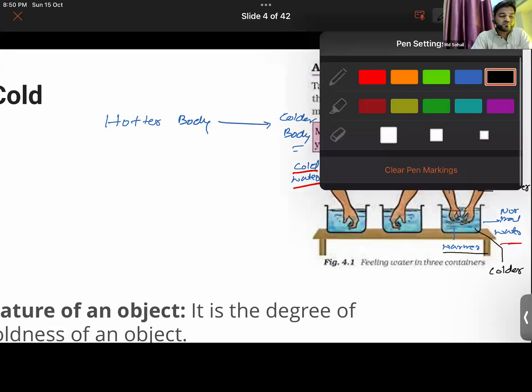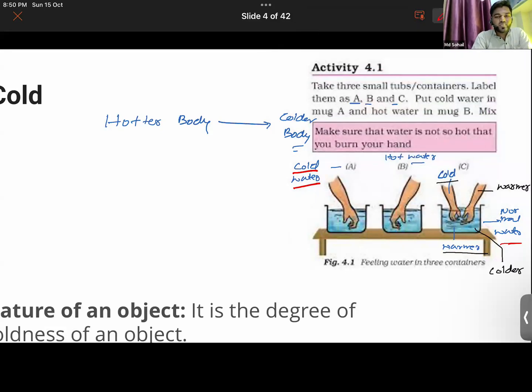Then in this case, heat was flowing from where to where? From the water to our hand, or from our hand to the water? You're getting it wrong here.